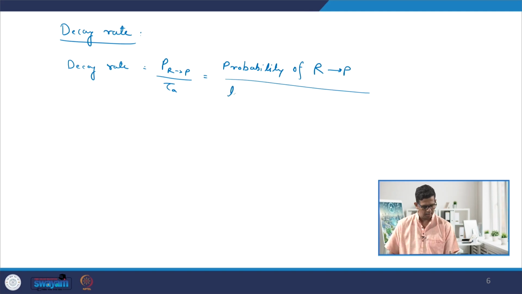Tau A is the lifetime of the activated state.